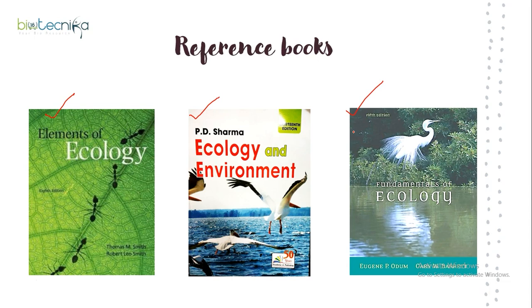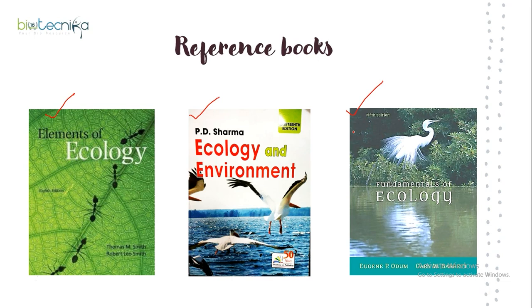Apart from that, you can also refer to Campbell. Now Campbell is one book which has some chapters from ecology and some chapters from evolution as well. But in ecology, things like species interaction, the concept of ecosystem, the very basic things, not the advanced parts, the basic definitions and all you will get in Campbell as well, with very elaborate pictures.